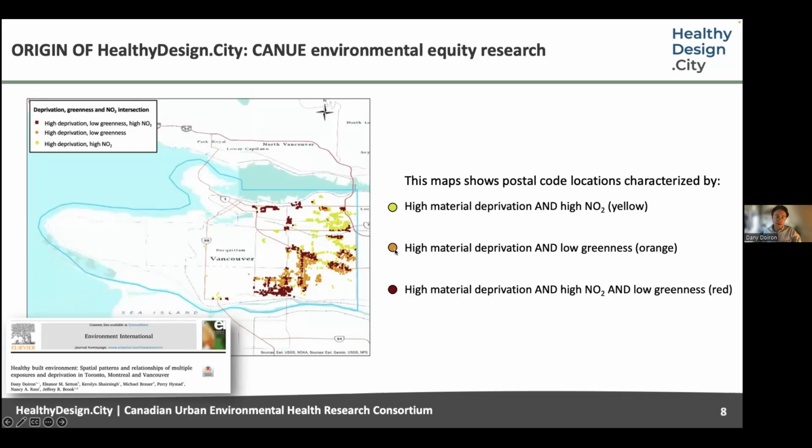The dots in orange show where high material deprivation and low vegetation exposure coincide. And the dots in red are what we can consider triple burden of low SES or high deprivation, and both high air pollution and low greenness exposure.